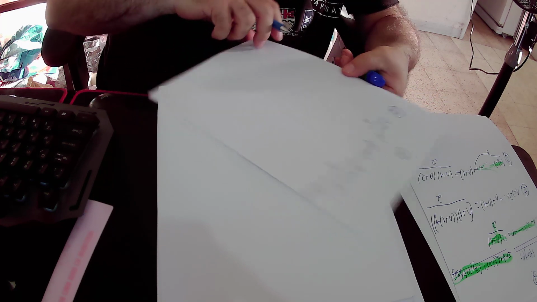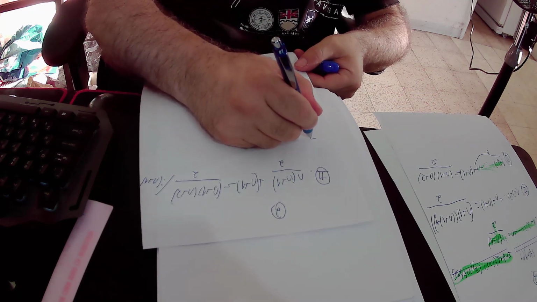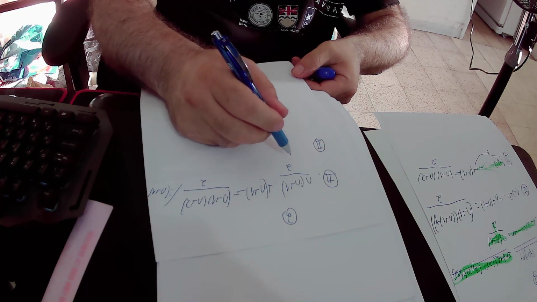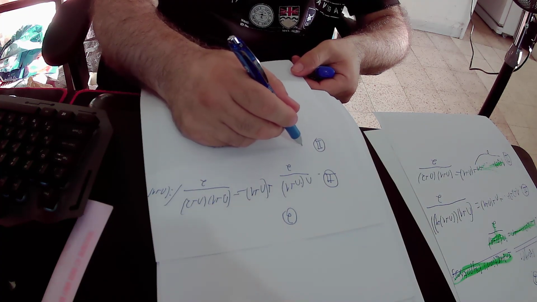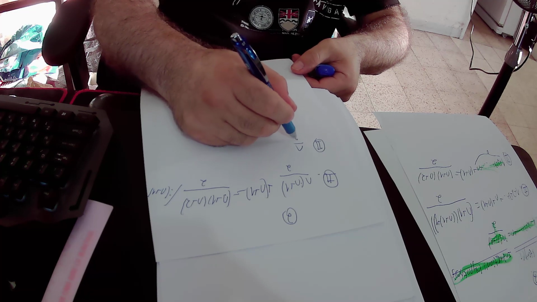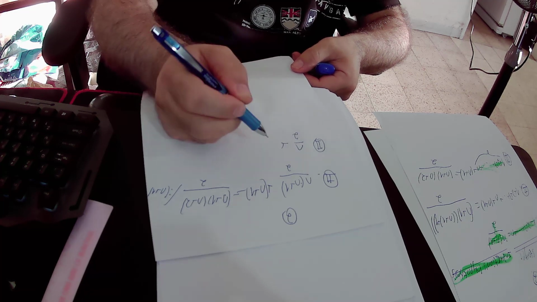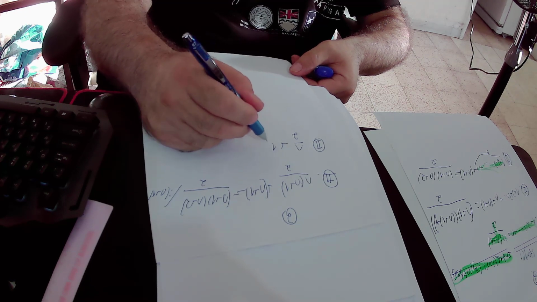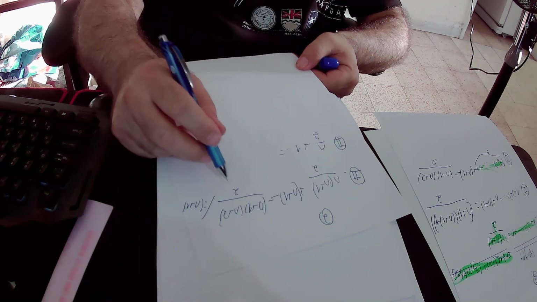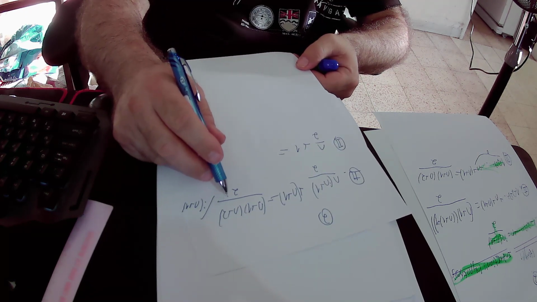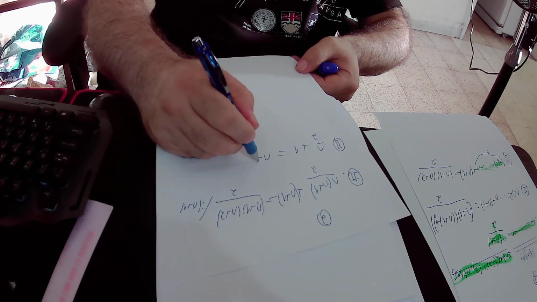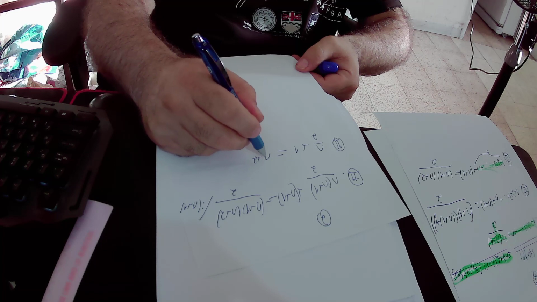We'll get that n times n plus 1 divided by n plus 1 is n, all divided by 2, plus n plus 1 divided by n plus 1 is 1, equals n plus 1 times n plus 2 divided by n plus 1 is n plus 2, and it is divided by 2.